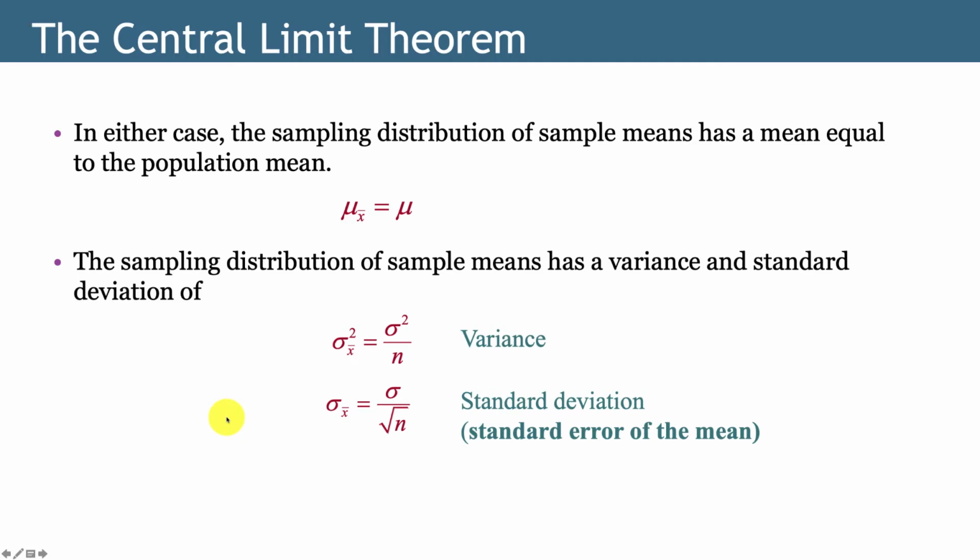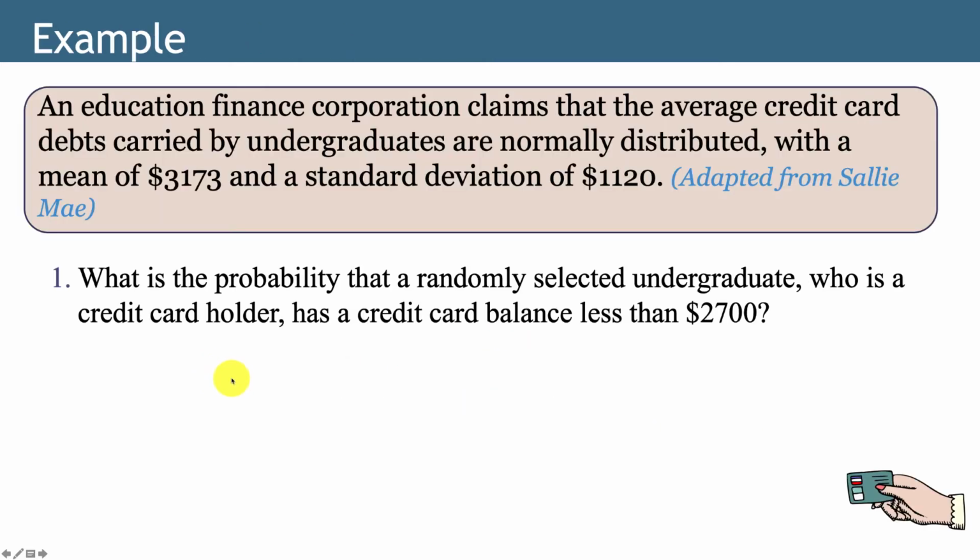So one last example then, and then we'll call it a day for the chapter and kind of our overview. So this is how this is powerful. If we do this example here, this is about credit card debt. And by the way, this is adapted from actual data from Sallie Mae, one of the largest student loan lenders out there.